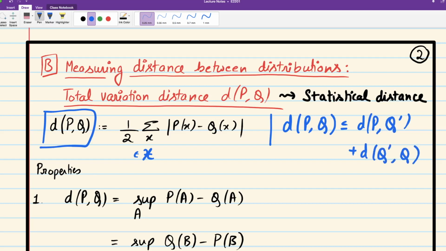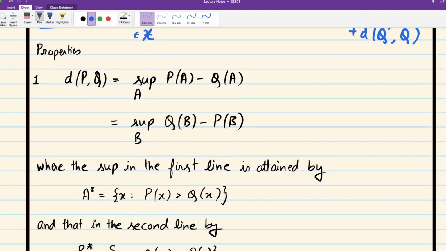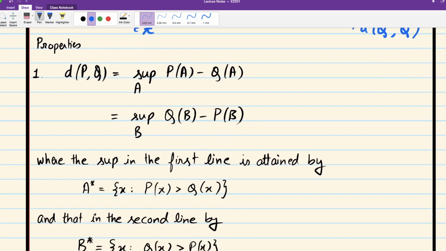So this is a reasonable notion of a distance between distributions, and it satisfies certain properties. I'll just review a few properties, which are essentially equivalent expressions for this d(p,q). What you can show is that d(p,q) is the supremum over all events A. Supremum is like maximum, but requires a slightly more formal definition. It's the maximum over all subsets A of X of P(A) minus Q(A).